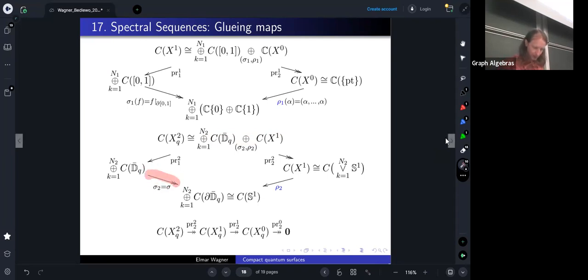If this one is surjective, that means anything that lands here has a lift. So these projections, the projection on the second component from the n-1 skeleton, are surjective, which corresponds to the classical case.